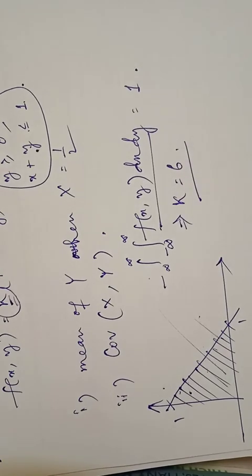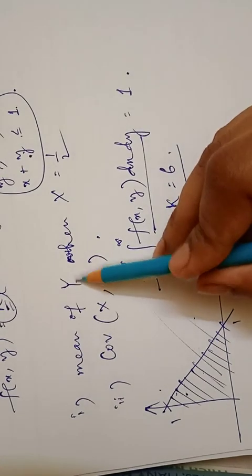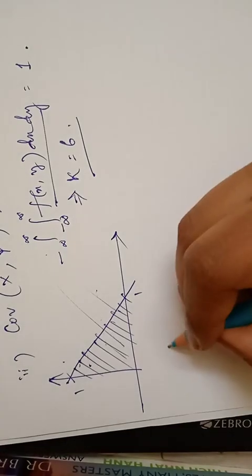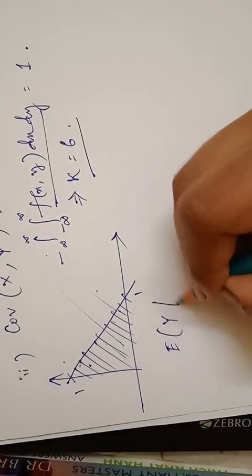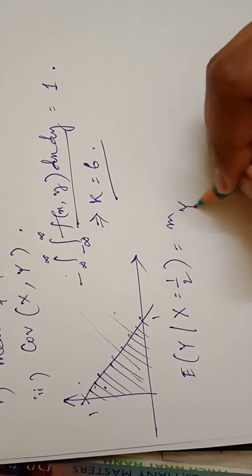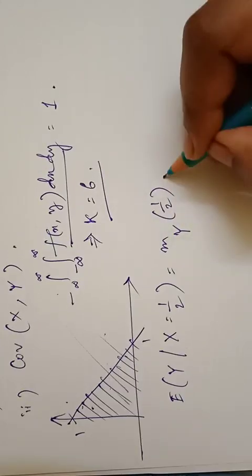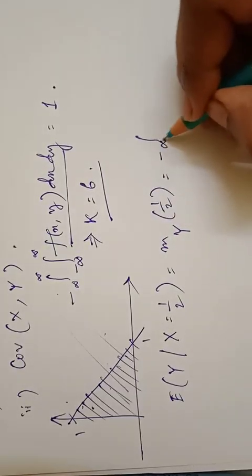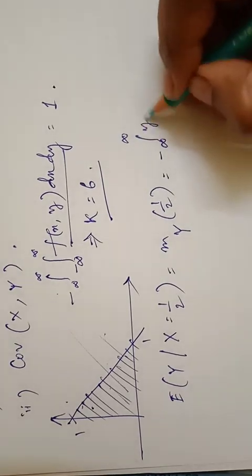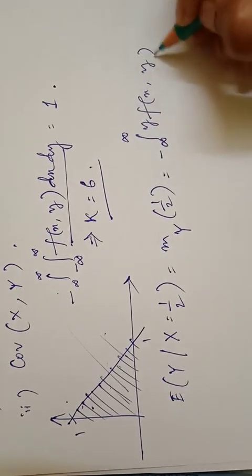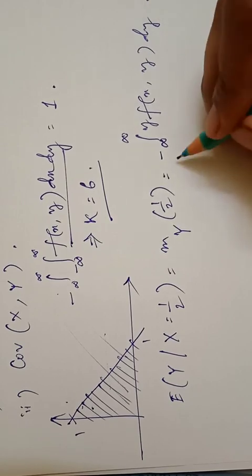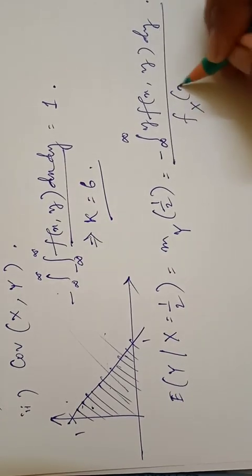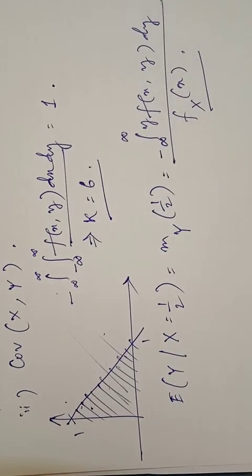Then we need to find out the mean of y when x equals to half, that is expectation of y at the point x equals to half. It has the formula minus infinity to infinity expectation of y by f x. You know how to calculate all of this.